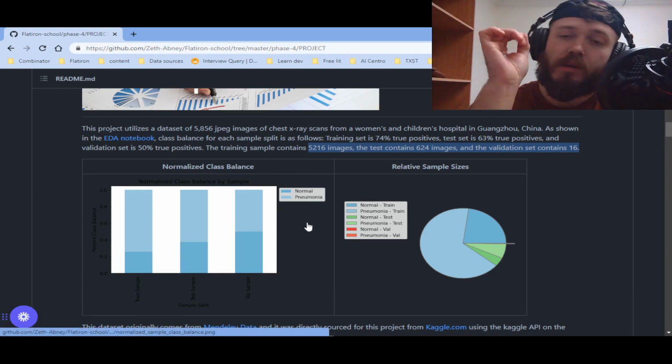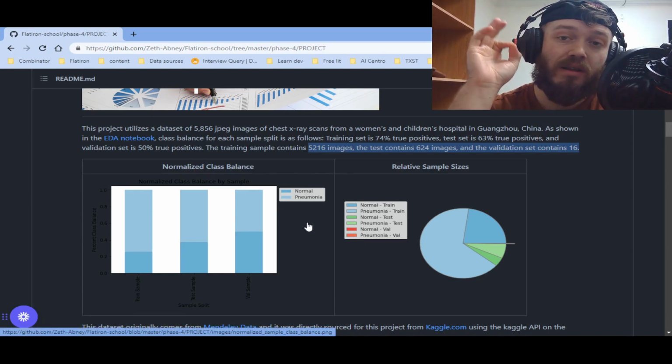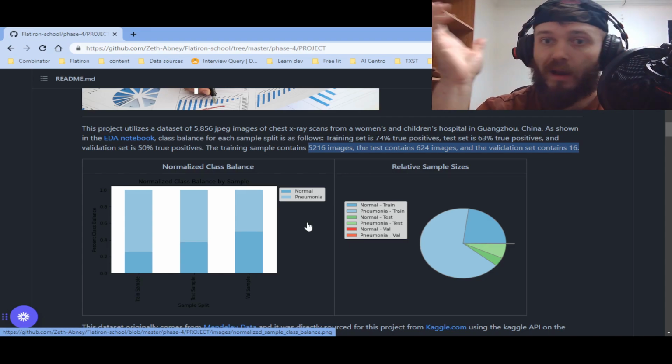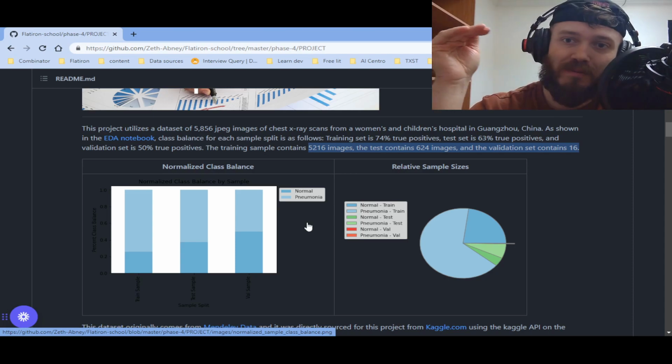So that's important to note because pneumonia is significantly more prevalent in women and children than it is in men. I learned that when I was doing this project. I'm not an expert on pneumonia.